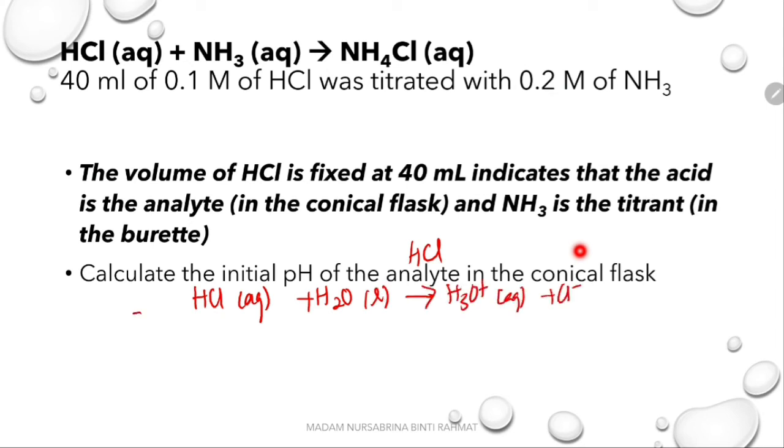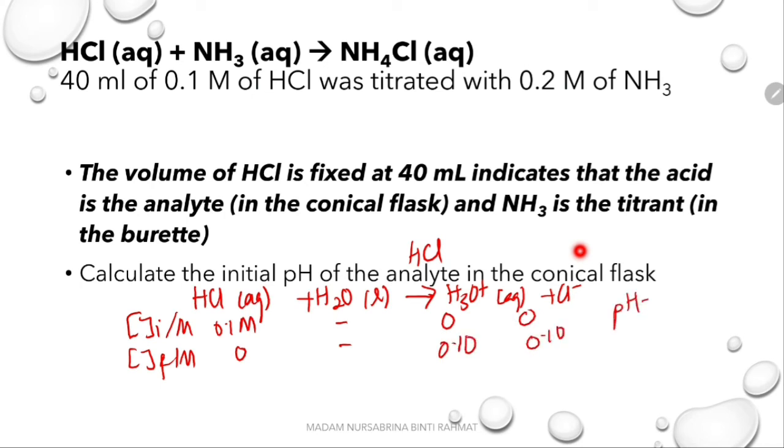Whatever the initial concentration of my HCl is, it is going to change completely to form H3O+. So pH equals negative log [H3O+], so negative log 0.1, which equals 1.0. So that is the initial pH of our analyte.